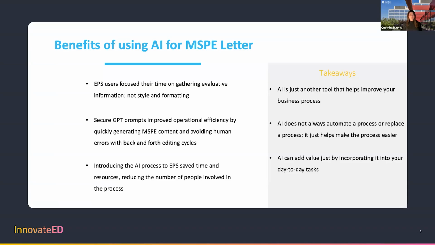The SecureGPT prompts improve operational efficiency by quickly generating the content and avoiding human errors with the back and forth editing cycles. And also by introducing this AI process to EPS, it has saved them time and resources, reducing the number of people involved in the process. So all in all, it's a great solution, once you have the prompts to use them.